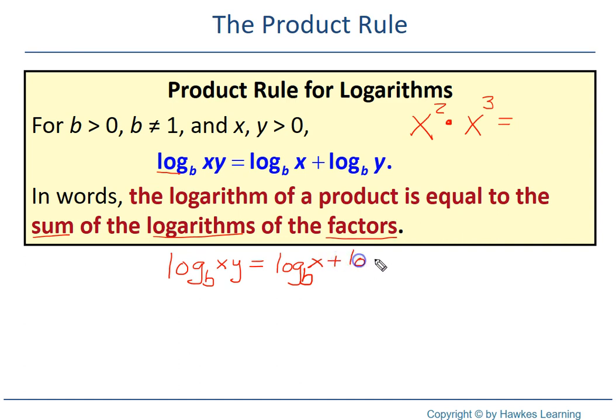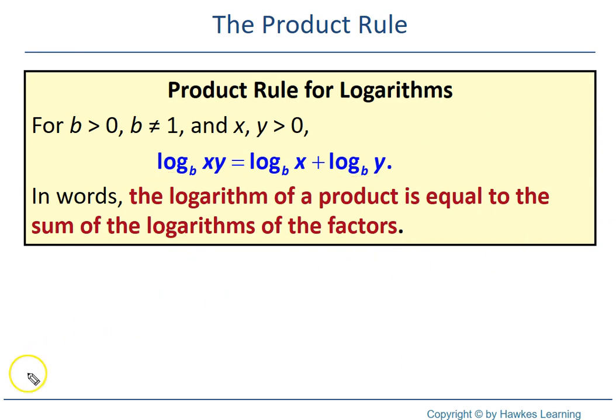Log base b of y. And again, this comes from this. When we're dealing with exponents, we add them to indicate multiplication. So this is the condensed view, this is the expanded view, and this is what they're describing here. All right, let's go on and see an example.